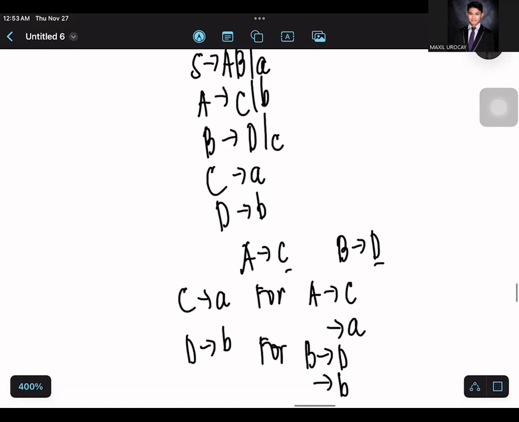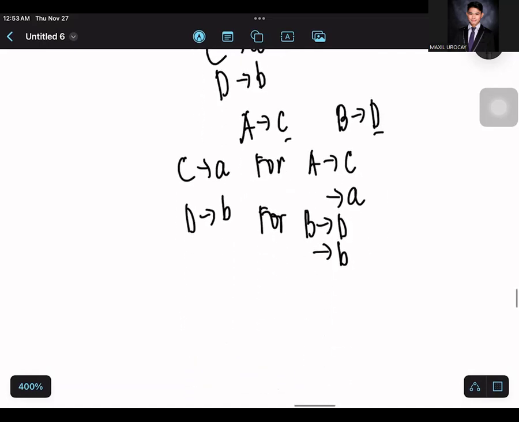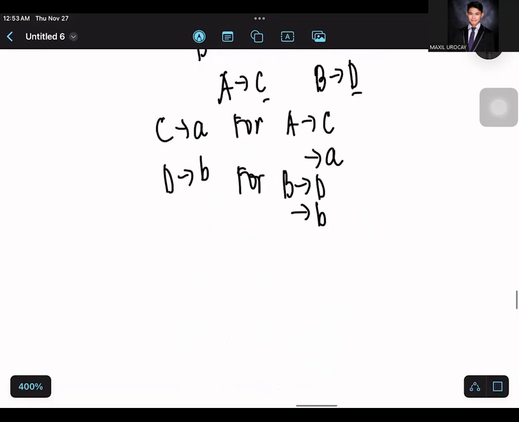Those are the details. So you just have to update the production rule.